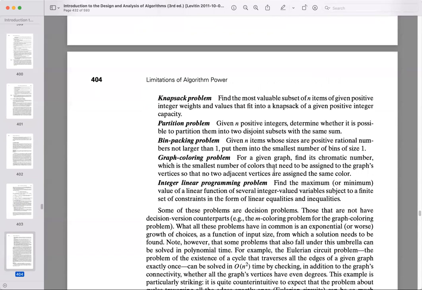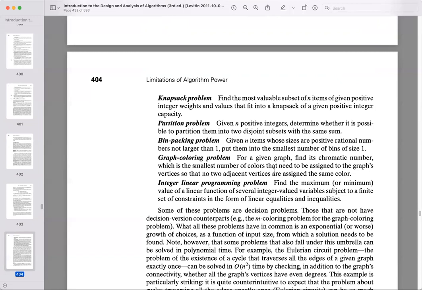Okay. There's the bin packing problem. Given n items whose sizes are positive rational numbers not larger than 1, put them into the smallest number of bins of size 1. There's the graph coloring problem. For a given graph, find its chromatic number, which is the smallest number of colors that need to be assigned to the graph's vertices so that no two adjacent vertices are assigned the same color. Then we have the integer linear programming problem.